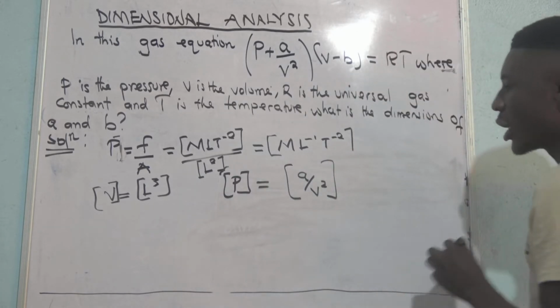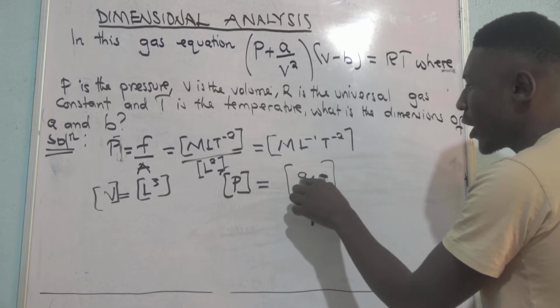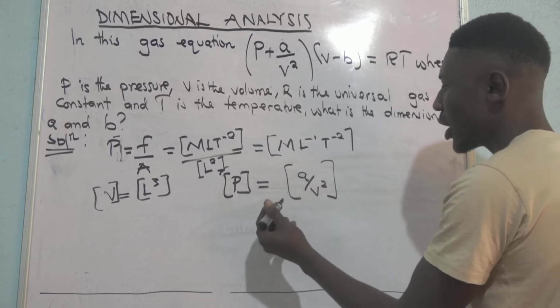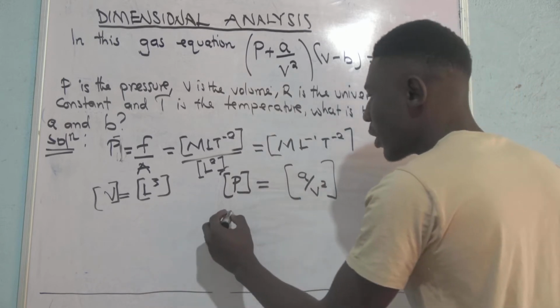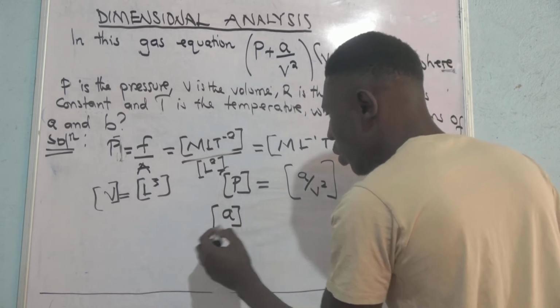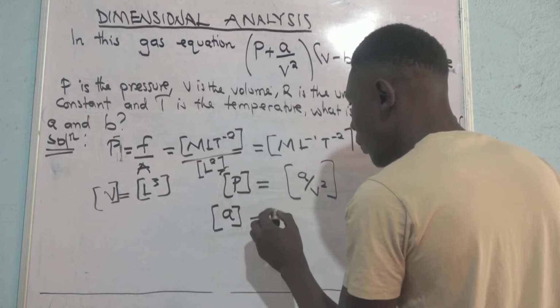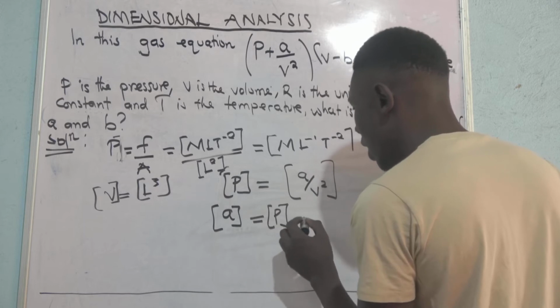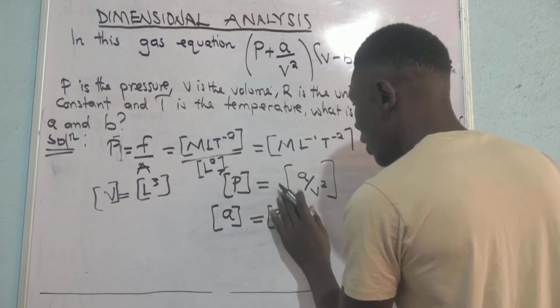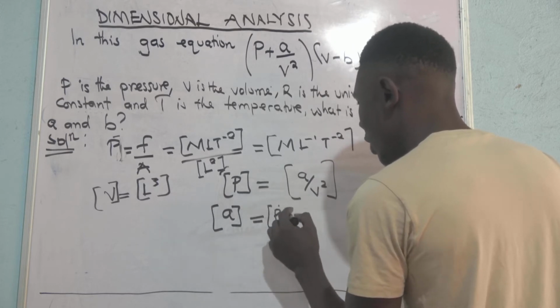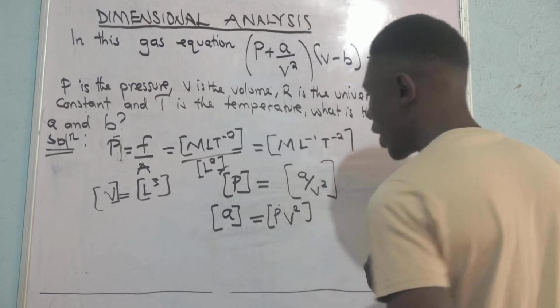Since our main interest is to find a, we're simply going to make it the subject of the formula. The dimensions for a will be equal to the product of the dimensions for pressure and volume squared.